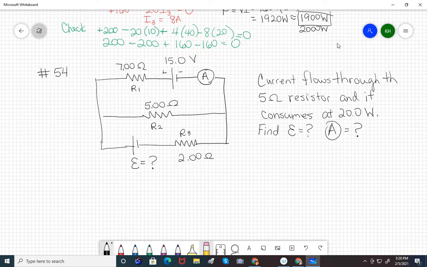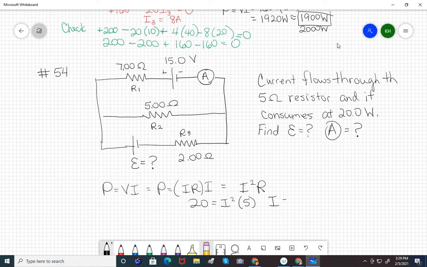We know that power is VI, but we also know that if we substitute V equals IR, we get the fact that power can also be found using the formula I squared R. So we have 20 watts equals I squared times R, and R is 5. If I divide by 5 and take a square root, I see that my current has to be 2 amps.